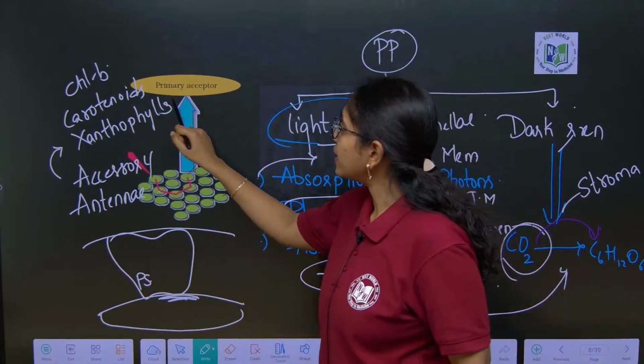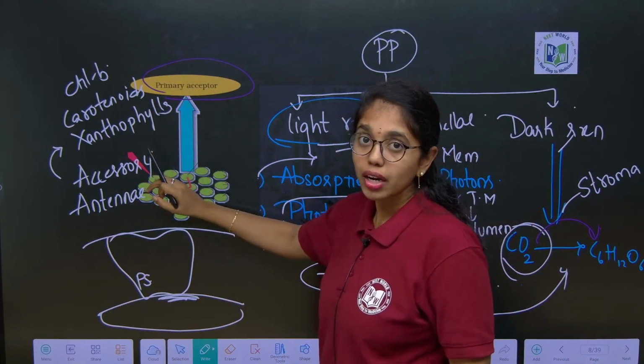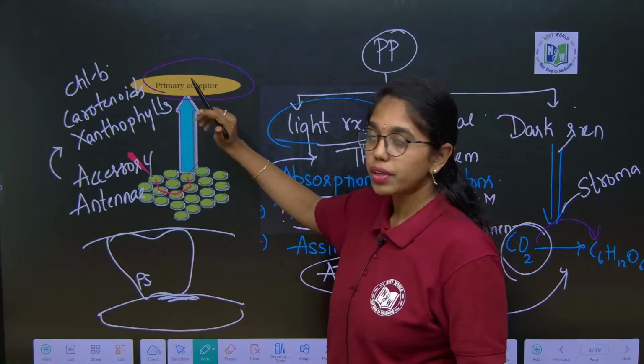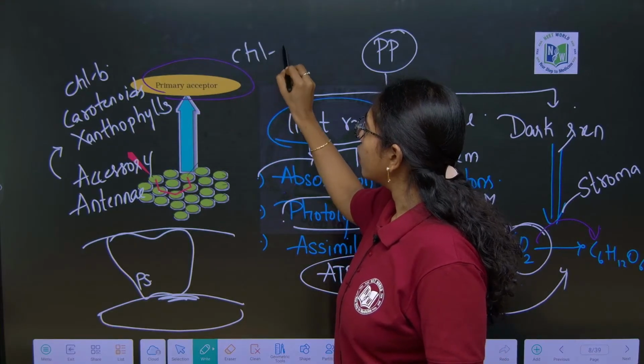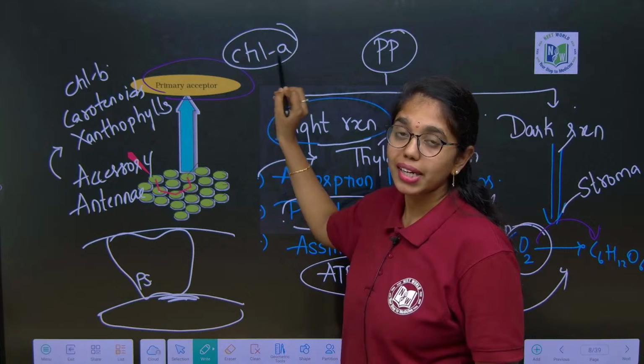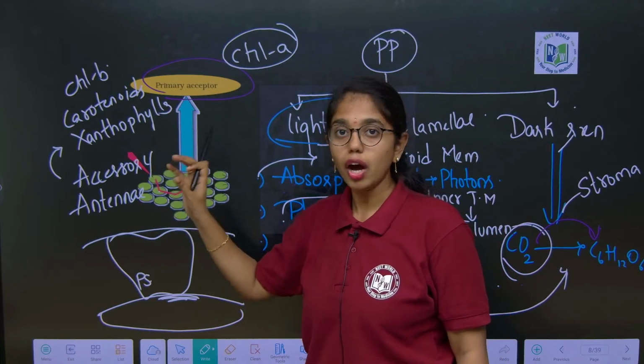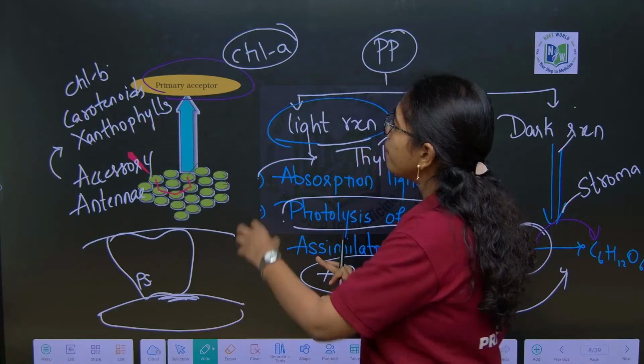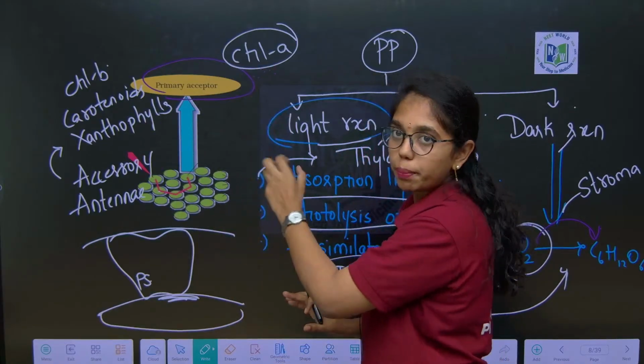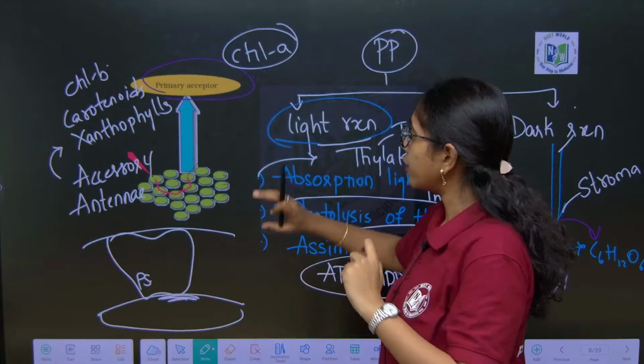The ultimate acceptor, or the primary acceptor, will be chlorophyll A. This chlorophyll A is called the reaction center, which absorbs the maximum wavelength of light.